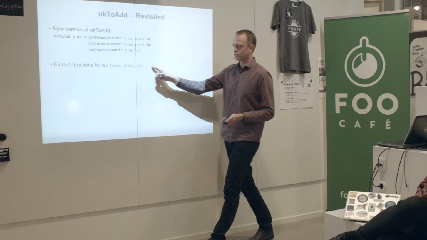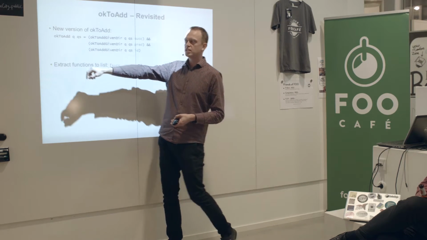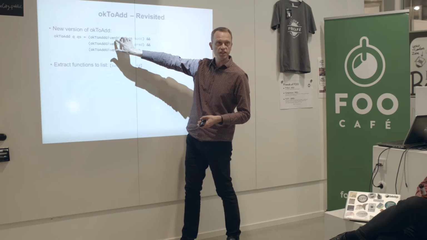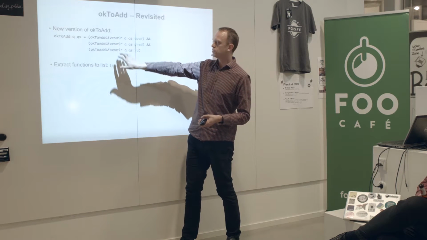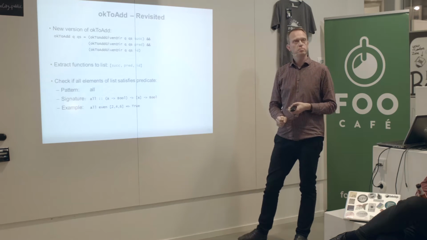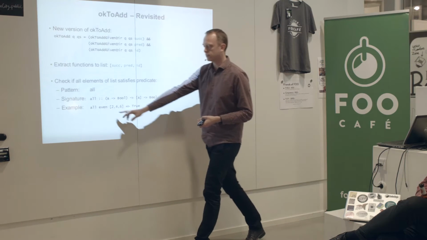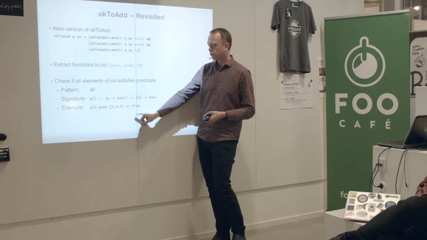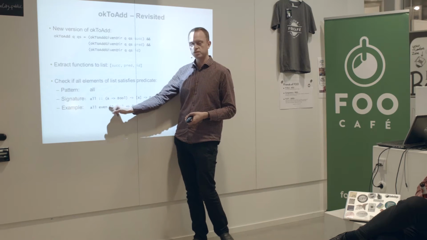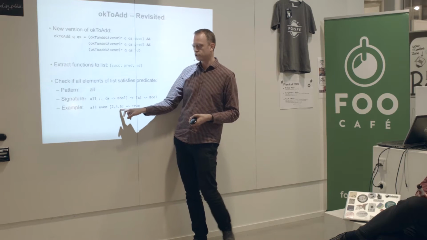And if we have that list, then this function is simply a matter of applying this predicate and checking if it's true for all these values. And that is the pattern all. All takes a function and a list and returns true if all the values in the list return true for this function. So if I do all even on 2, 4, 6, I will get true.